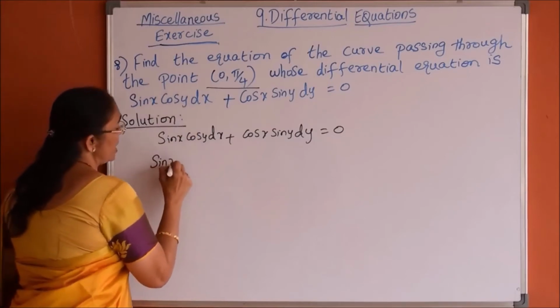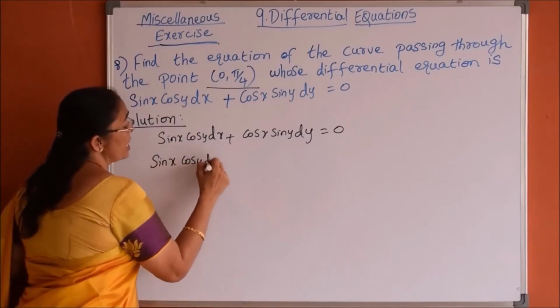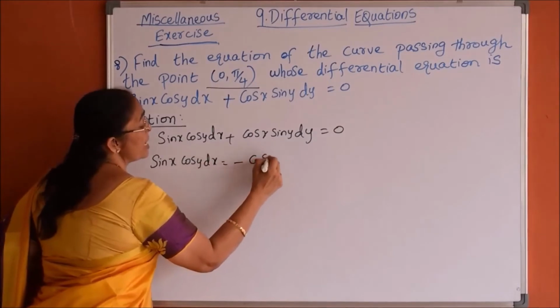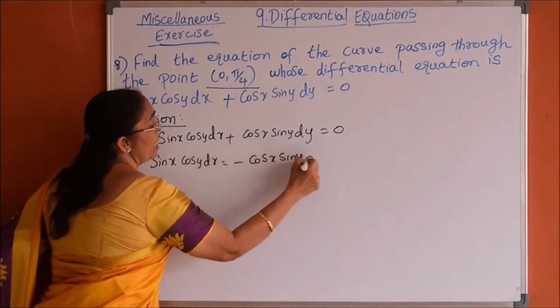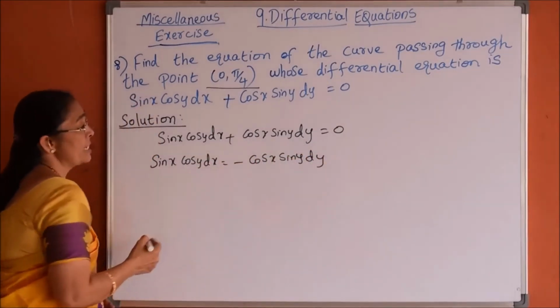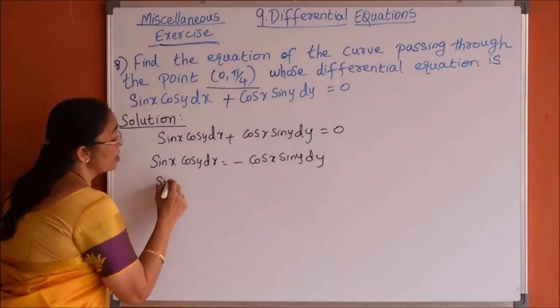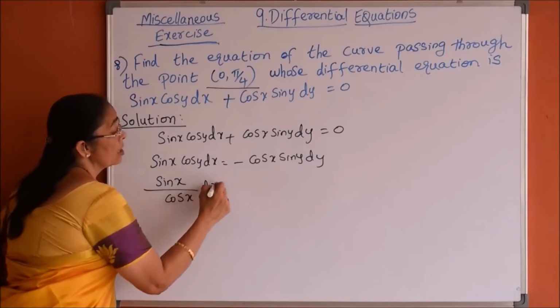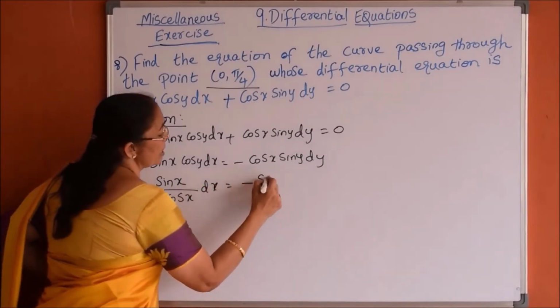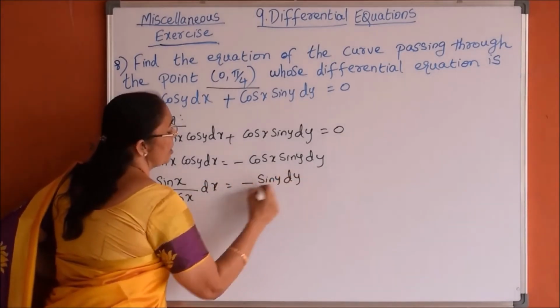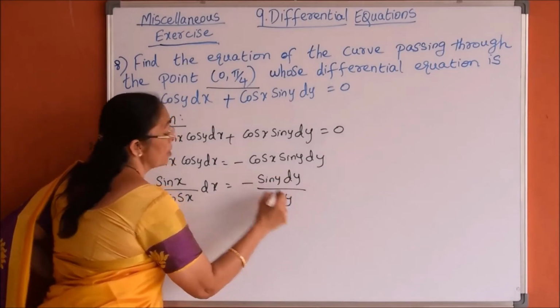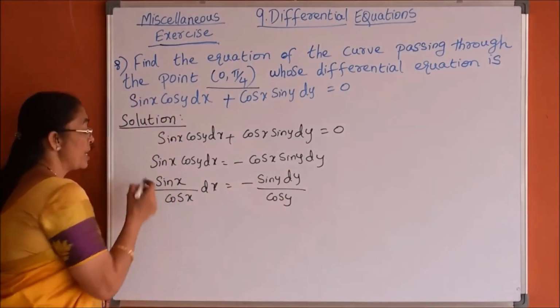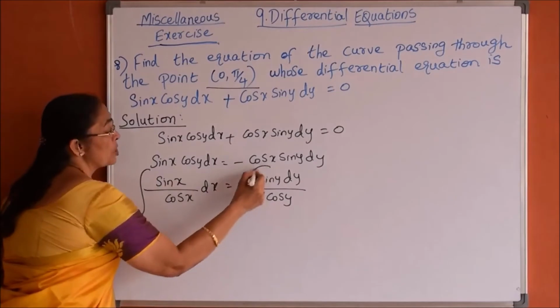You can write sin x cos y dx is equal to minus cos x sin y dy. Rearranging the variables, sin x divided by cos x dx is equal to minus sin y dy divided by cos y. So, we have separated the variables, integrating on both sides.